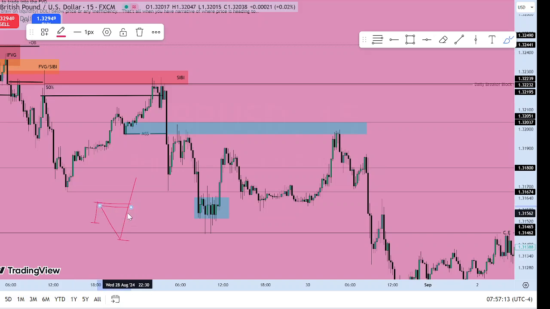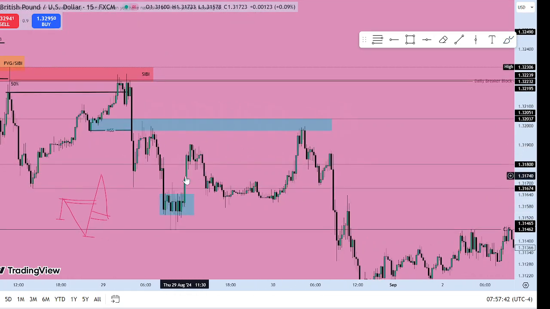Then if any inefficiency or fair value gap is created around here, don't chase price. Wait for price to deliver inside the fair value gap. Price will surely come and deliver into the fair value gap. Then you look for any draw on liquidity above price, which is here now.